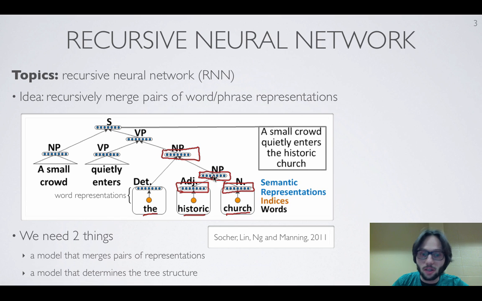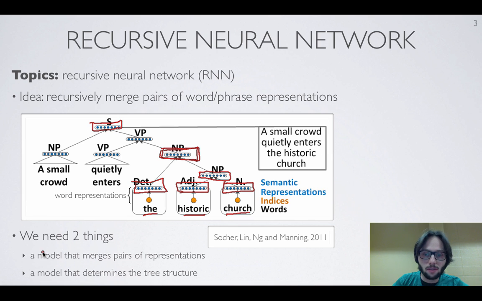So then we'd feed to the same neural net this vector, and then it would output the vector representation at that level. And we continue like this for each node in the syntactic tree until we reach the root, and that vector would be considered in our model as the vector representation of the full sentence.